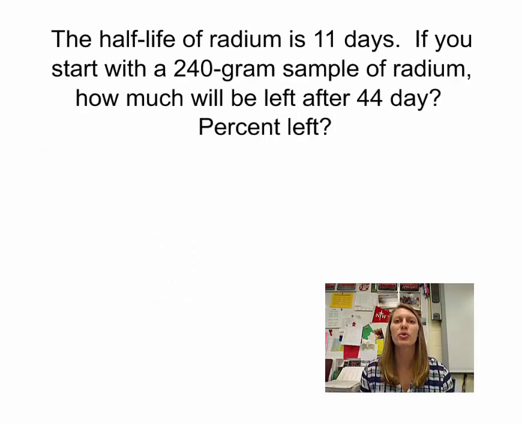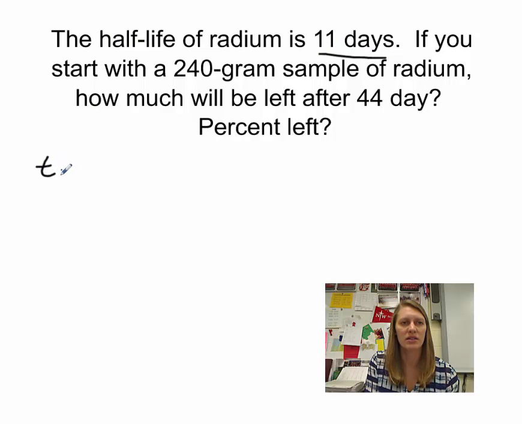Now if we're actually given a problem of a certain substance, we're going to be given the starting amount and what its half-life is, and we want to figure out how much we might have after so much time has passed. So in this problem it says the half-life of radium is 11 days. I'm going to just write that over here so I remember that.